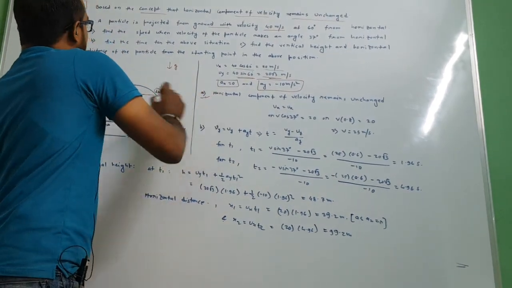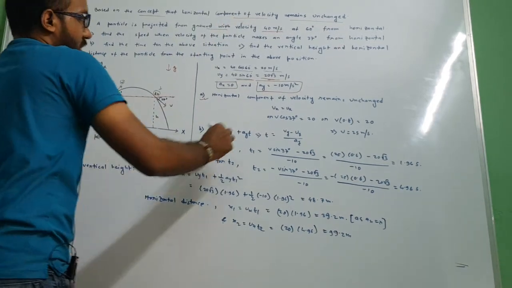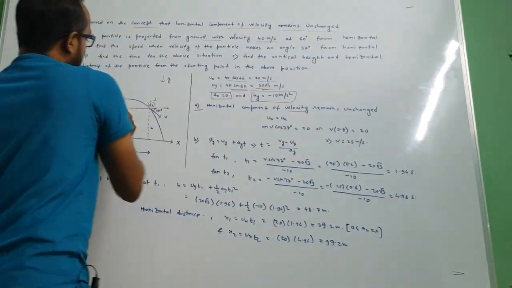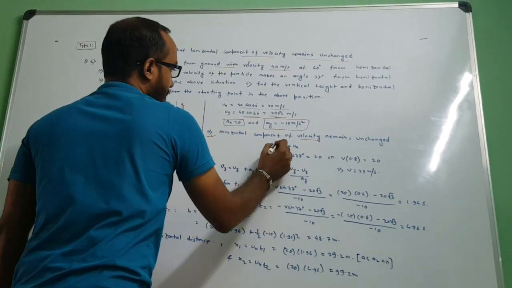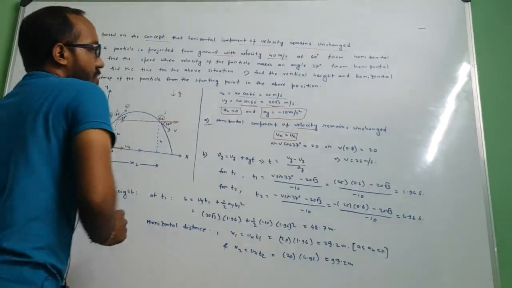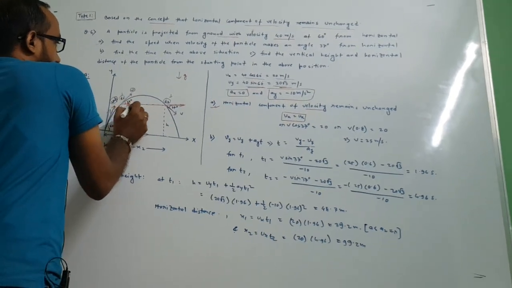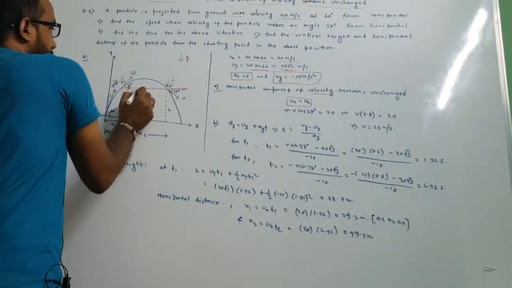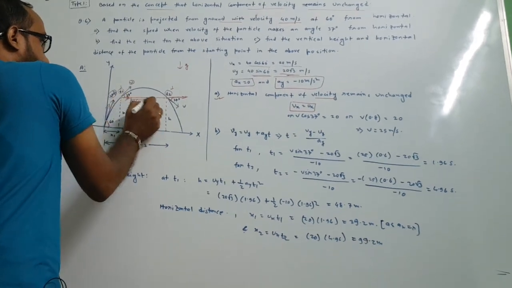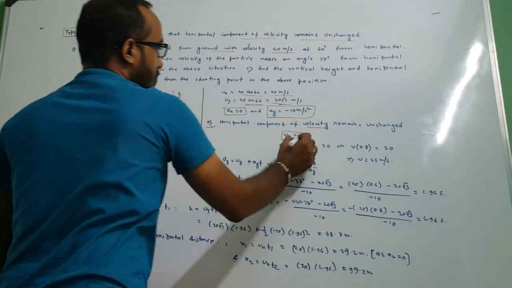Now you have to find the speed. We know that the horizontal component remains same. So Vx should be equal to Ux. What is Vx here? Vx would be V cos 37 degree. So V cos 37, that is Vx, should be equal to Ux.